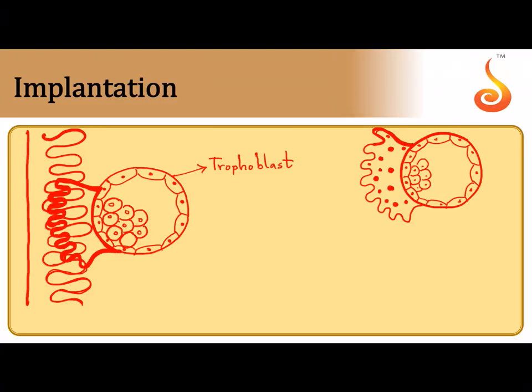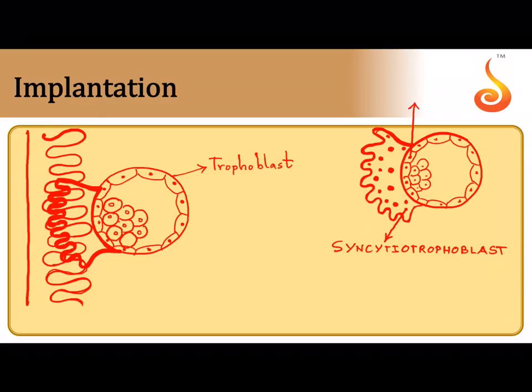See how it has developed this structure which has these finger-like projections. And this structure which has multiple nuclei in it, this tissue is referred to as syncytiotrophoblast. Whereas what remains as a cellular structure, this inner layer of the trophoblast which still has cells in it, is called the cytotrophoblast.